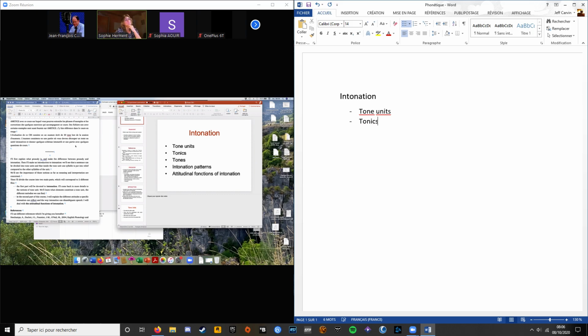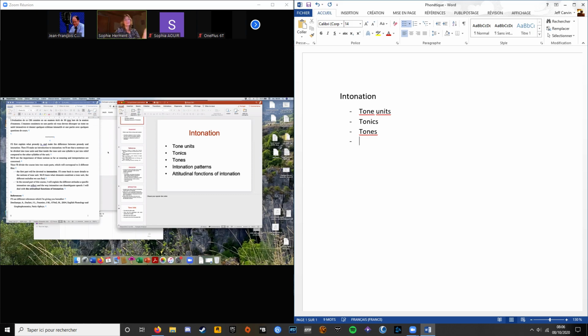The first one will be devoted to intonation and intonation patterns. So it's the 4 first points here. I'll talk about tone units, tonics, and tones, and explain what intonation patterns are for English. And then the second part of the course will deal with the attitudinal functions of intonation.